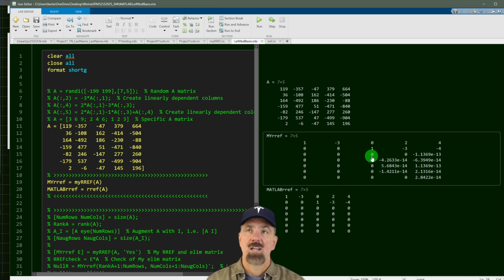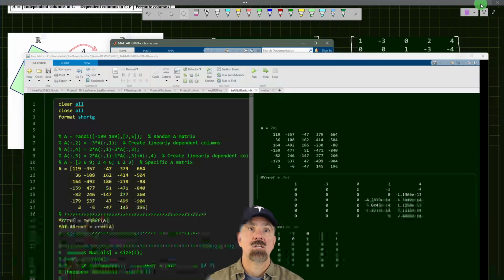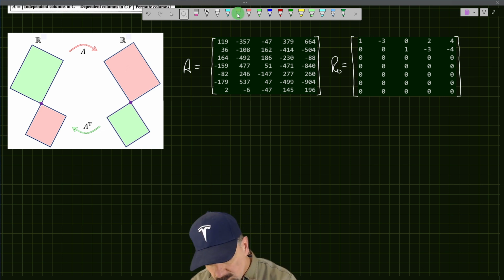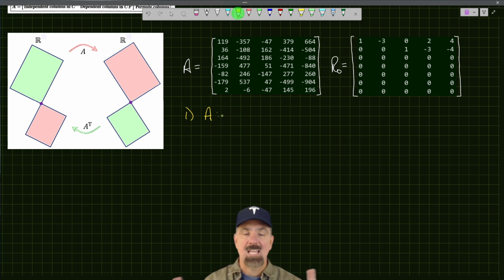So here's the RREF, and what I want to do now is take a look at what we already know when it comes to finding the four fundamental subspaces, specifically when we are looking for the bases. So first things first, step one in this process is really to realize that A is a linear mapping. We've talked about this, but it's important to realize.